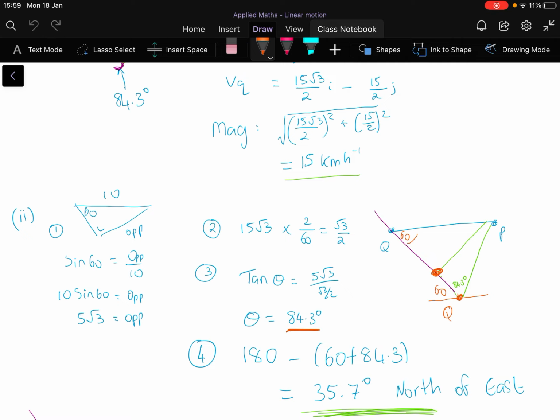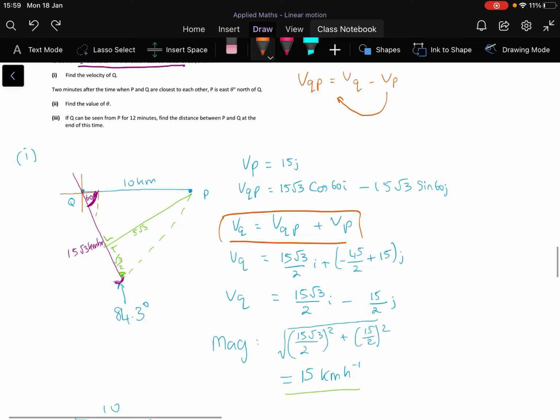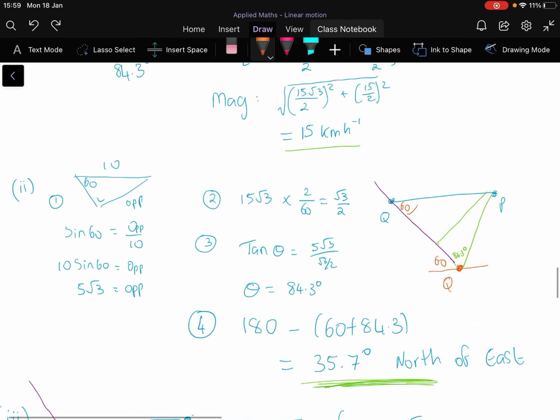So now that I have that, I need to again go back and take a look at my question and see what they were asking me to find. They were asking me to find when P and Q are closest to each other. P is how many degrees east, something degrees north of Q. So I'm looking now at Q and how am I going to get to P from where Q is now. So what I have to look at from here is that if this is 84.3 degrees and this is 60 degrees, then this is also going to be 60 degrees.